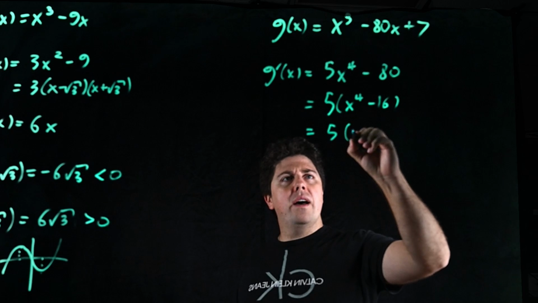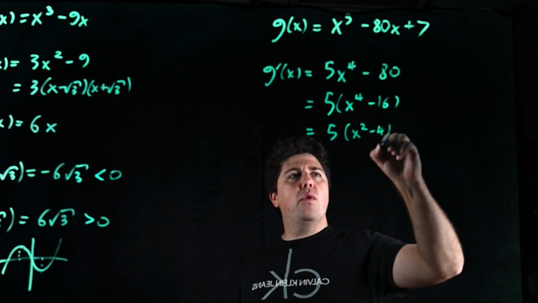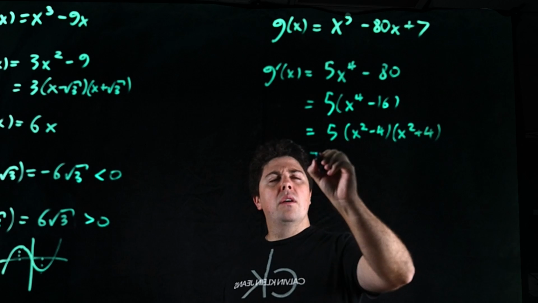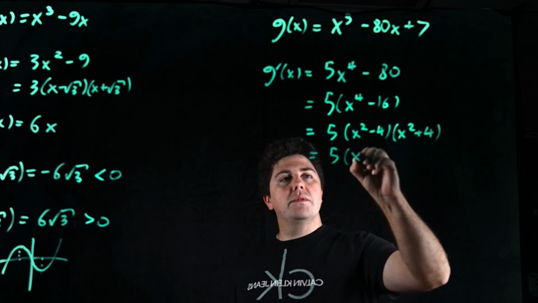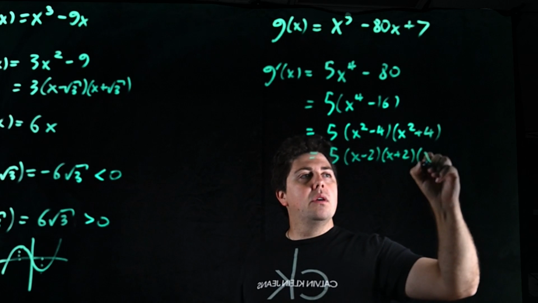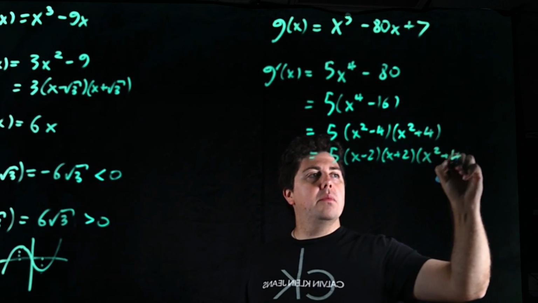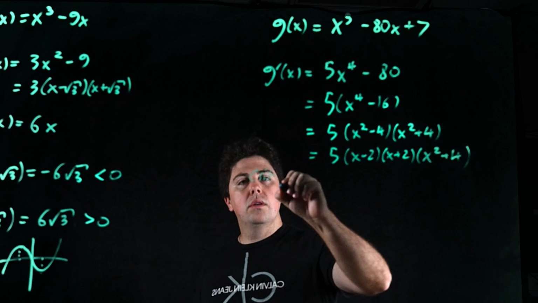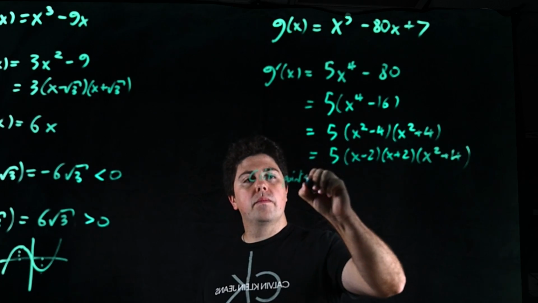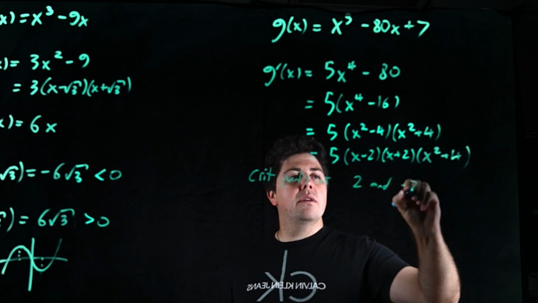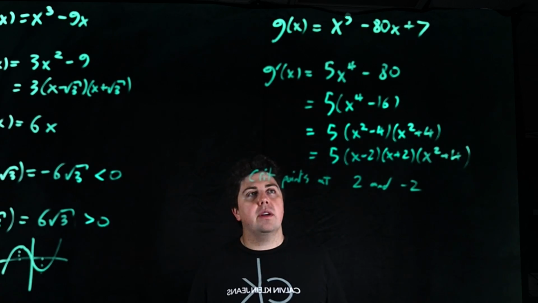This gives us 5 times x squared minus 4 times x squared plus 4, which gives us 5 times x minus 2, x plus 2, x squared plus 4. So we have critical points at 2 and minus 2, just with a little bit of factoring.